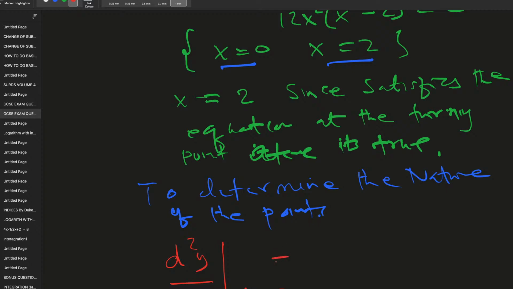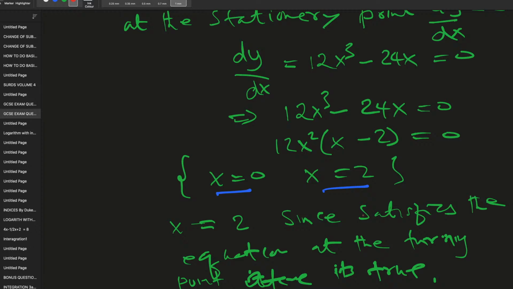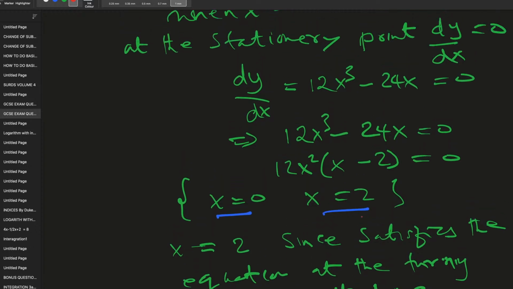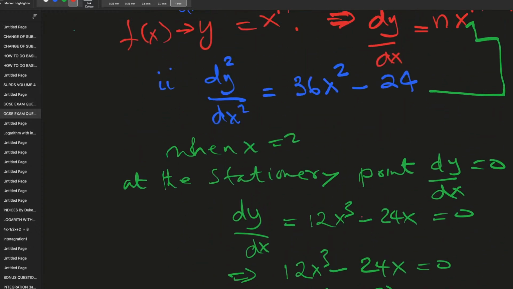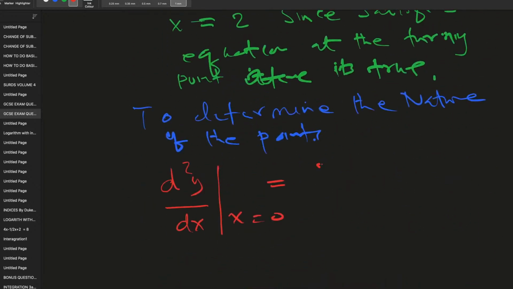Okay, what do we get? The second derivative is 36x squared minus 24. So we substitute these values in here, then we have 36 times 0, minus 24.